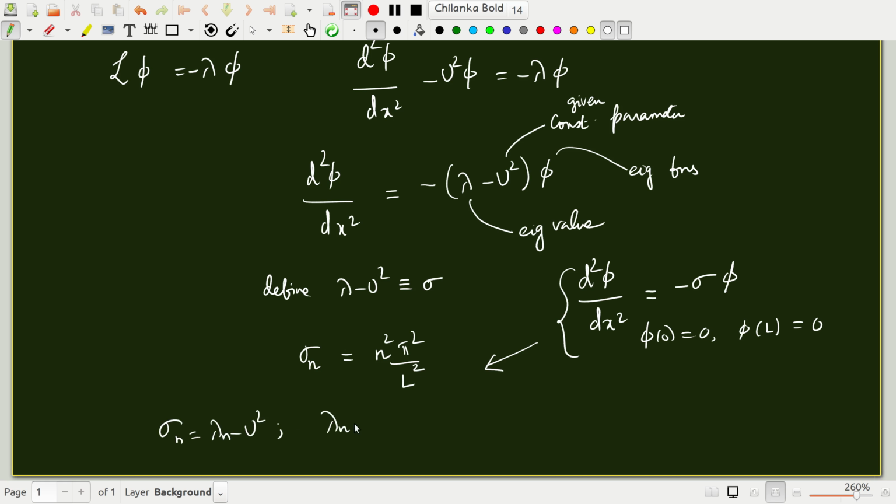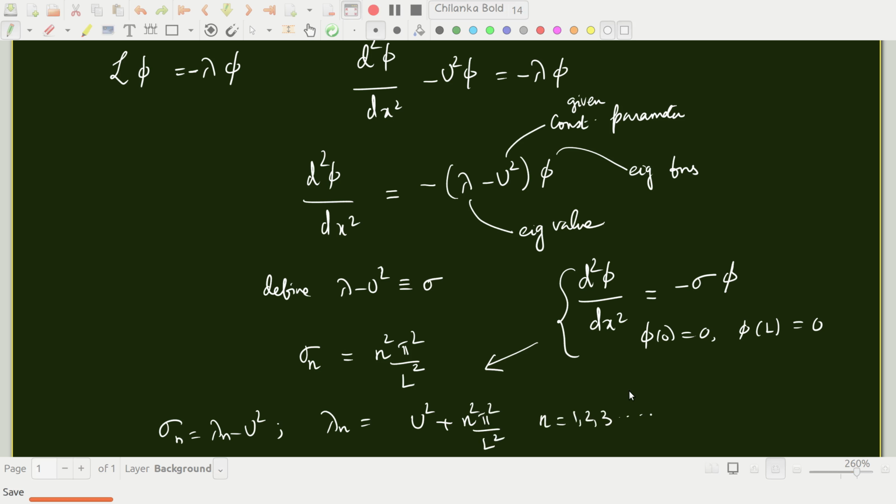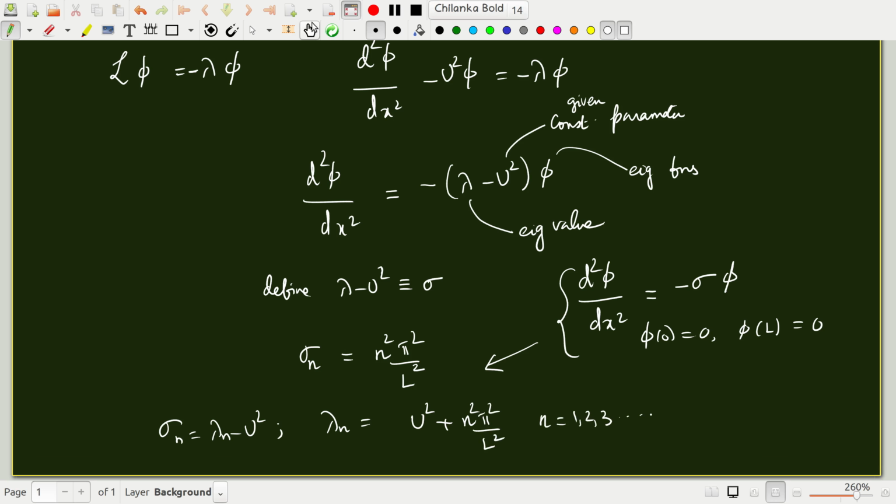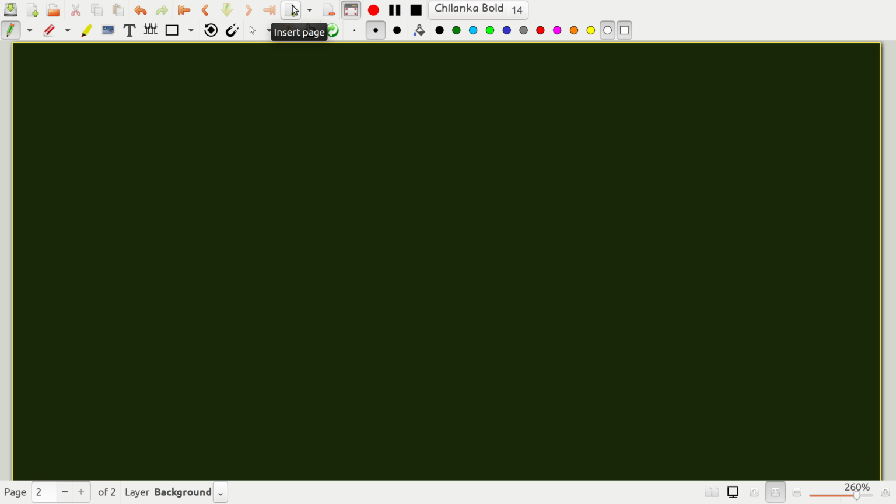That means lambda n is u squared plus sigma n. Instead of sigma n, I'm going to put n squared pi squared by L squared. So these are the eigenvalues. n will go from 1, 2, 3 and so on. This is something that we have solved before as well, so I don't want to spend time solving this eigenvalue problem again.